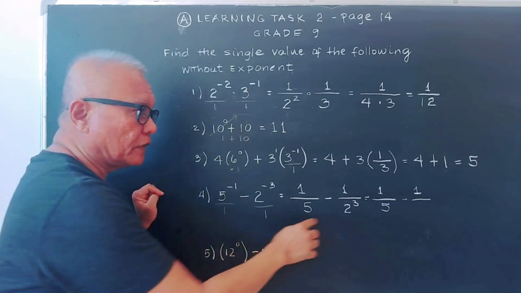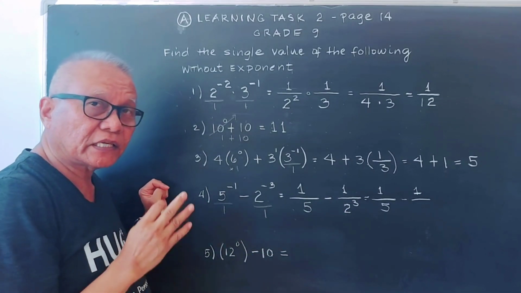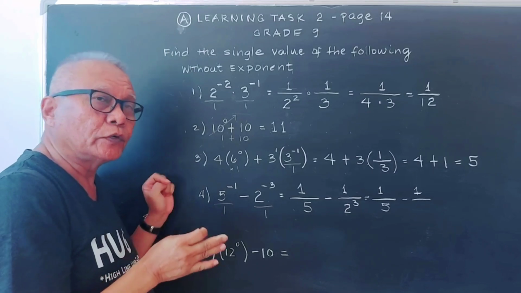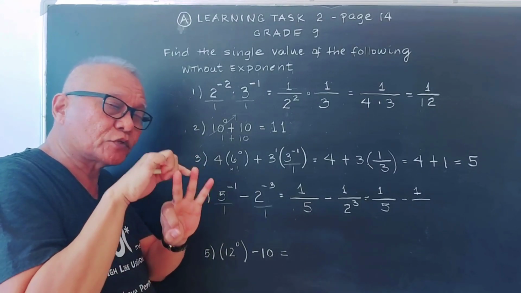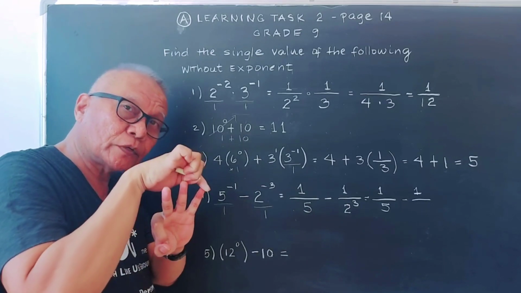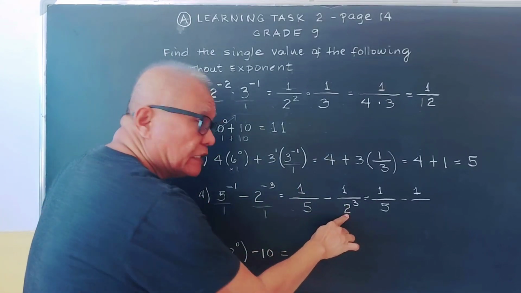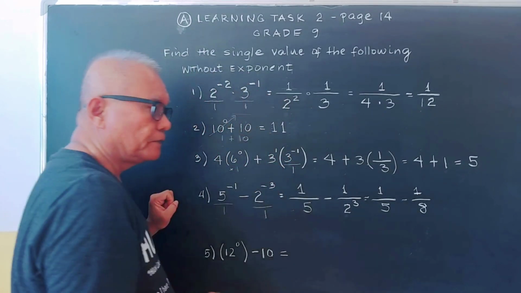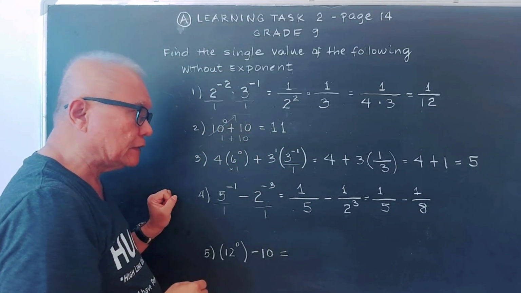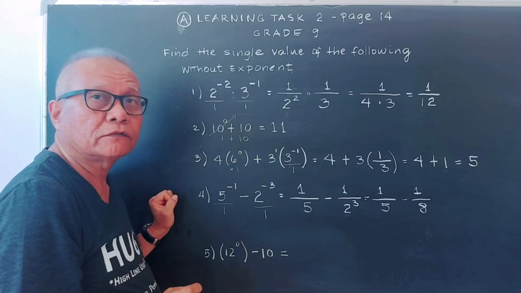Hindi. Ibig sabihin nun ay tatlong beses nating i-multiply yung 2. 2 times 2 times 2 yun. So, 2 times 2, 4, times 2, 8. Kaya ito ay hindi 6 kung hindi 8.